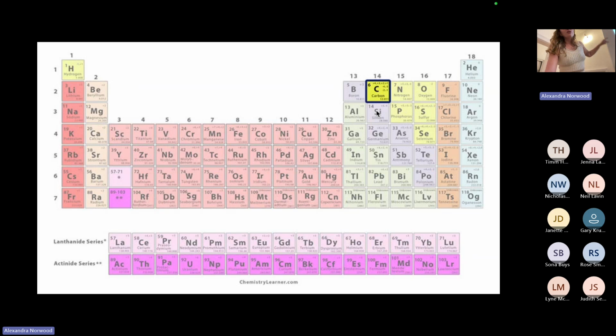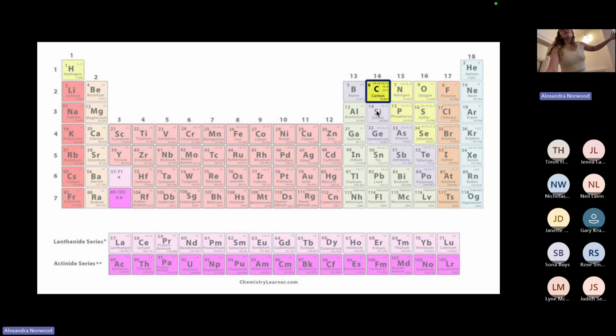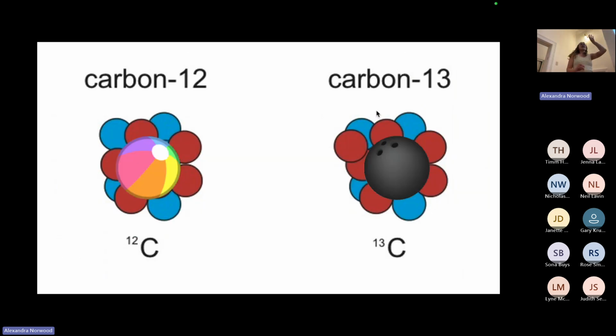And there are three carbon isotopes, but there are two of them that we want to talk about right now, because these are the two that appear in different proportions in different plants that animals eat. So an isotope is functionally a version of one of the elements that we see on this table that is heavier or lighter, but the same size.